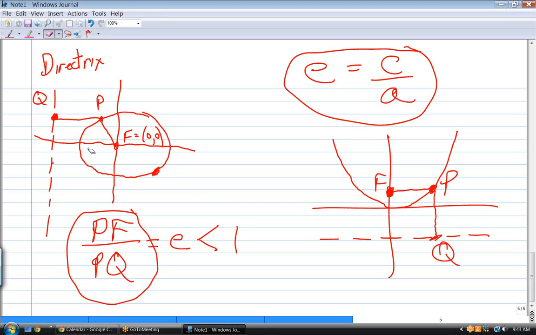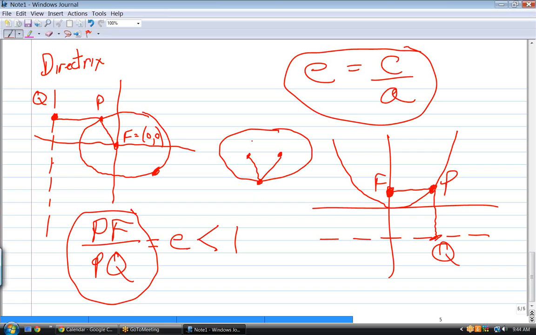The true definition for an ellipse is the locus of points where the sum of the distance to the two focuses is a constant. In other words, if I have an ellipse like this, and I have two foci, and I want to take any point on my curve, well, that plus that is a constant.